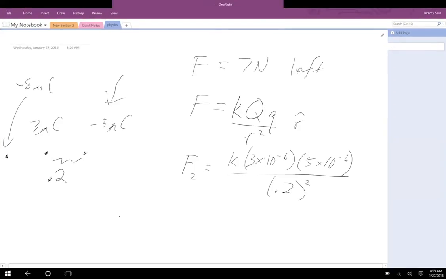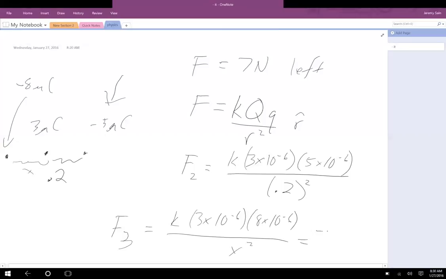So that means F3, on one hand, is K times 3 times 10 to the -6th, 8 times 10 to the -6th over whatever this distance is that we don't know, x squared.